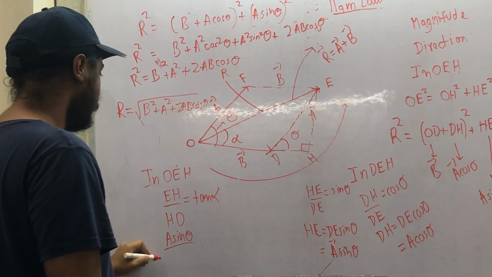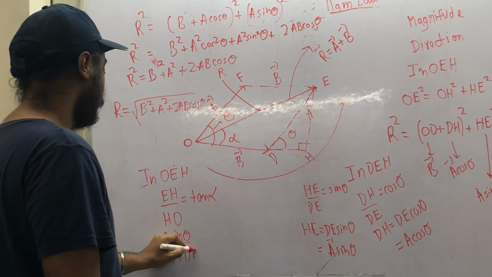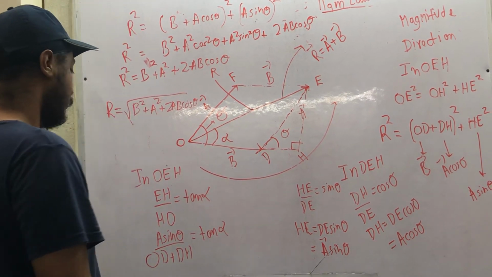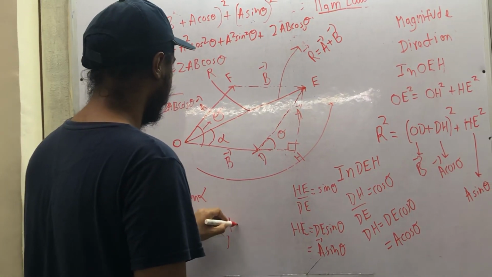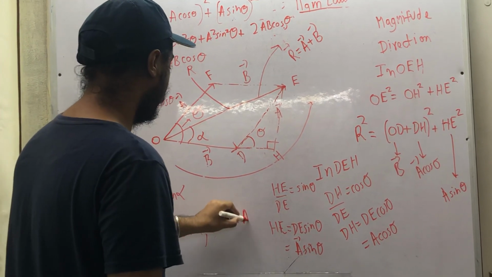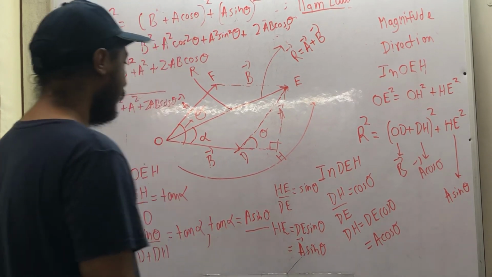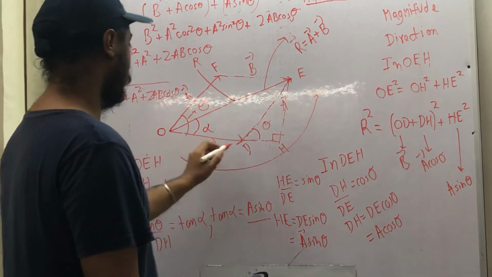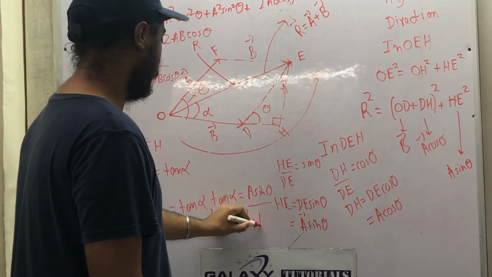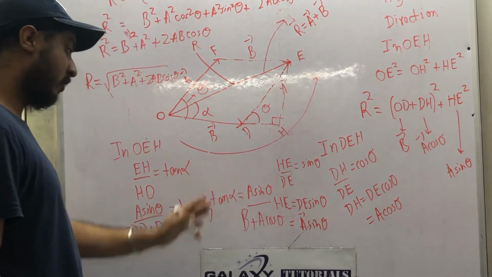HO you can write as OD plus DH. So tan alpha will be A sin theta upon what will be the value of OD? You know it already, B. DH is A cos theta. So this is the value of tan alpha.